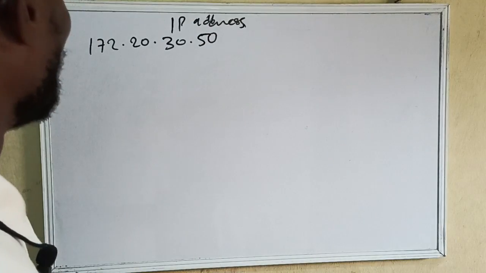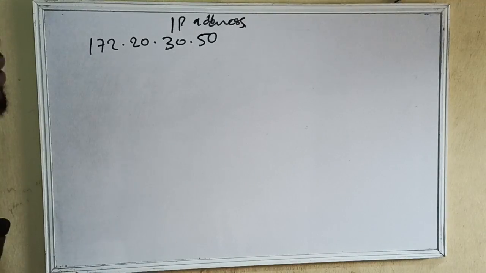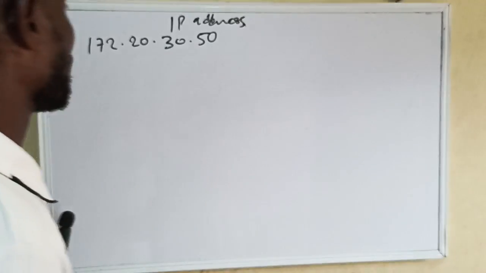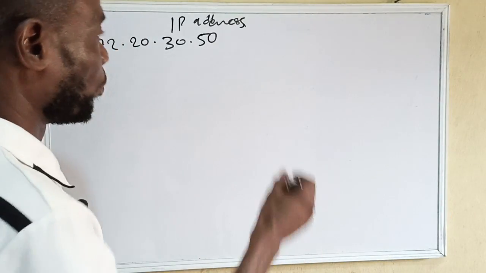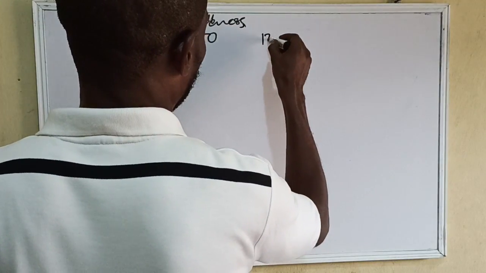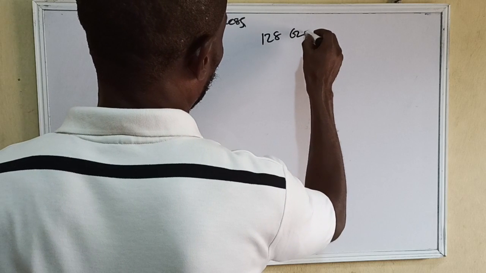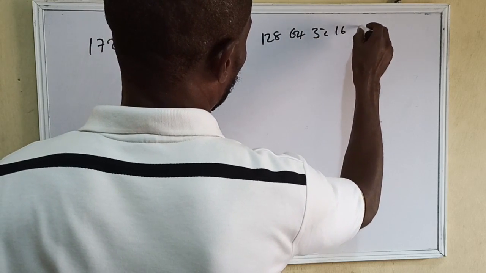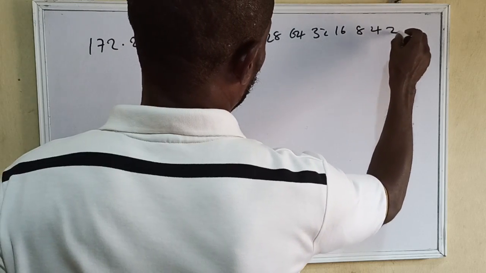Let's say we want to convert this IP address into bits, because IP is all about bits, which we need to write our place values: 128, 64, 32, 16, 8, 4, 2, and 1.